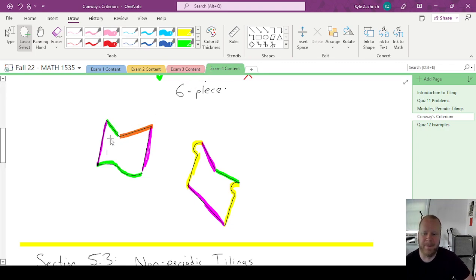So we would say that these 2 purple sides are direct translates of each other. I didn't rotate them at all. I didn't mirror them. There's no reflection happening on there. I just moved the piece exactly as it was from one spot to another.